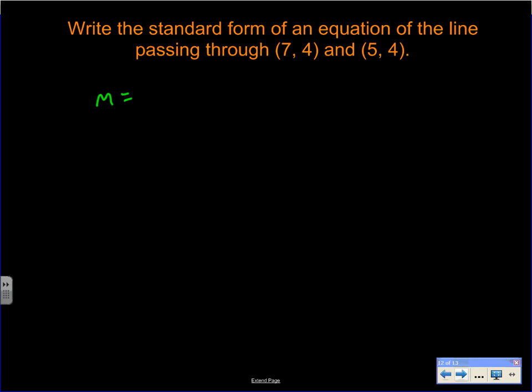Let's say m is equal to 4 minus 4 over 7 minus 5. This is 0 over 2, and 0 over 2 is going to give us 0.